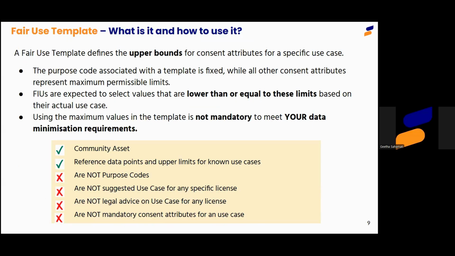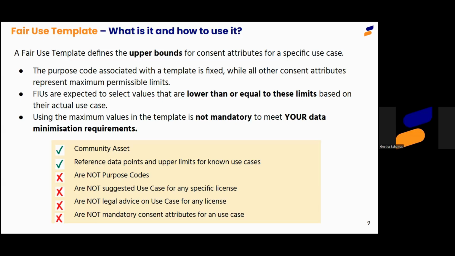So one of the main things is what is the purpose of the consent, and for that set purpose, how many times do I pull the data? For how long do I pull the data? That is the validity, and what is the range of statement that a FIU can pull under a certain use case. So it sets the purpose limitation, collection limitation, and also the storage limitation by way of the data life.